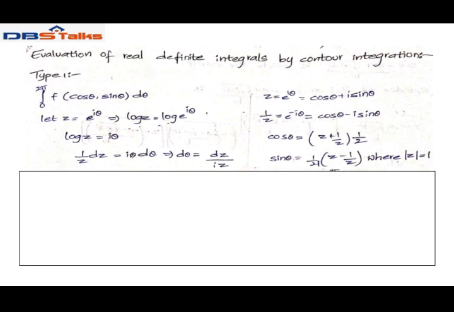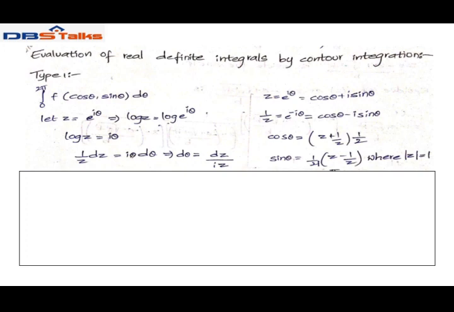We want cos theta and sin theta values. So adding above, z and 1 by z, we get 2 cos theta equal to z plus 1 by z. Cos theta equal to 1 by 2 into z plus 1 by z.